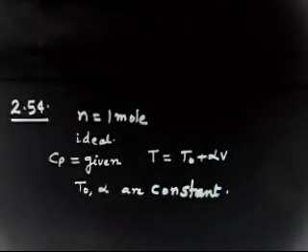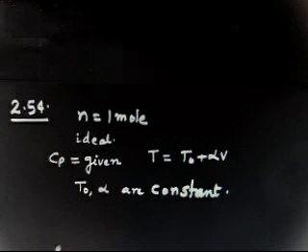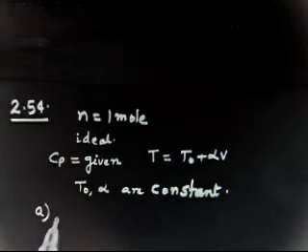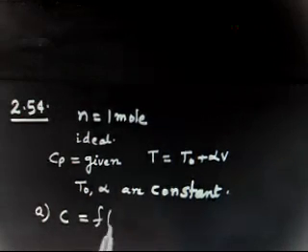Now the question says, first part, find the heat capacity of the gas as a function of volume. So we have to find heat capacity as a function of volume.